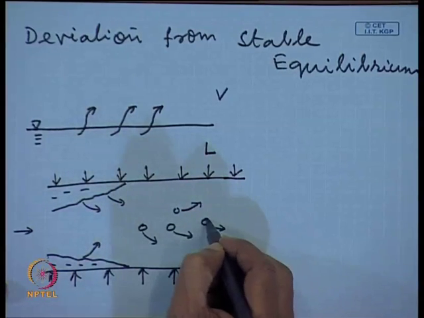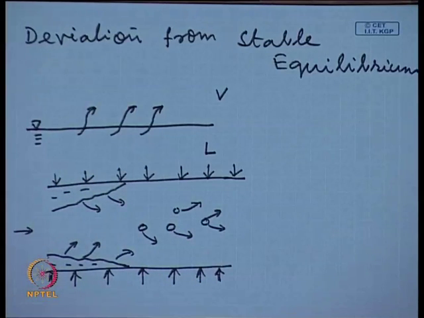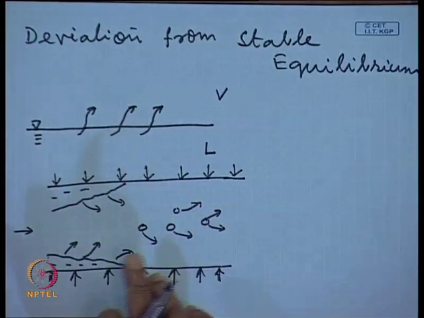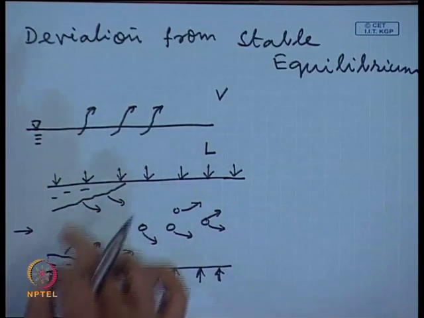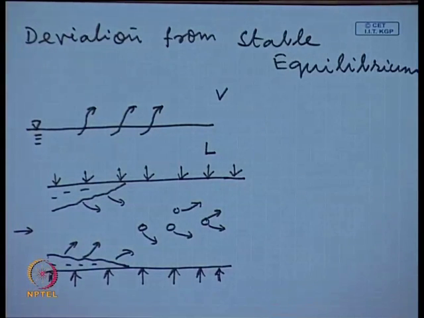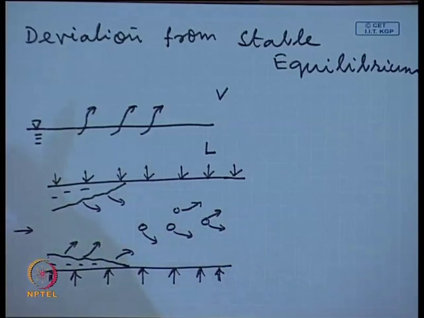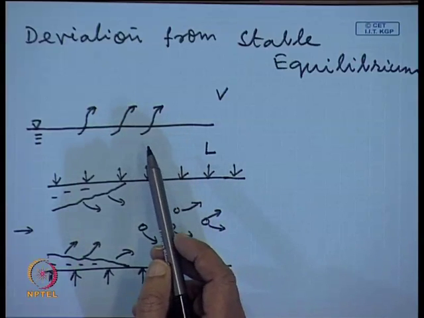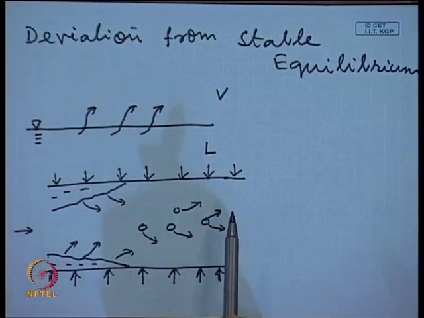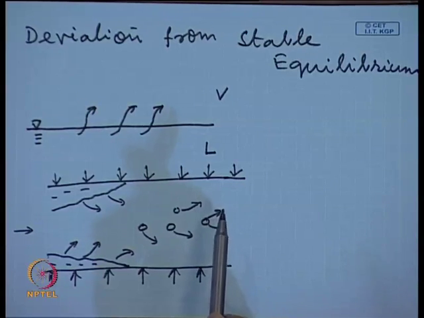Here also it is a deviation from stable equilibrium, though exactly it is not a planar surface. In the second example, exactly it is not a planar surface, but if the pipe diameter is quite large, compared to that the film curvature can be minimal, and here also the situation is quite similar to what we have seen in the top diagram, where vaporization is taking place from a plain liquid surface.